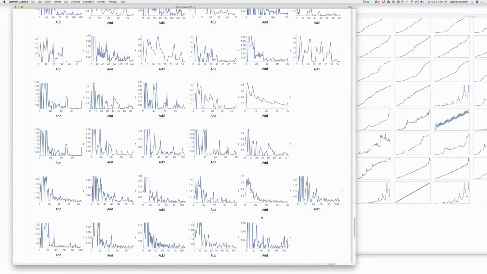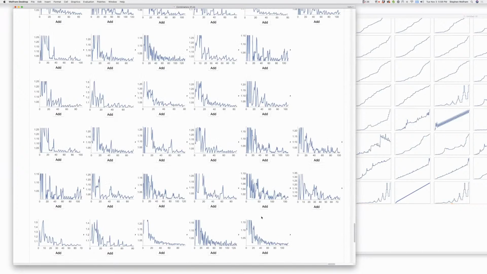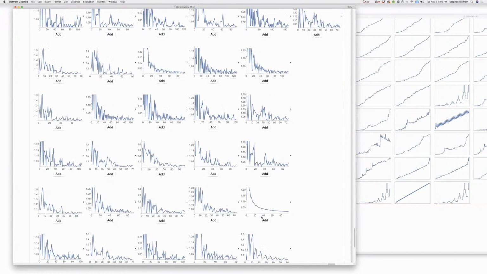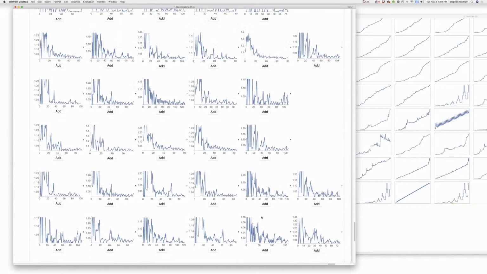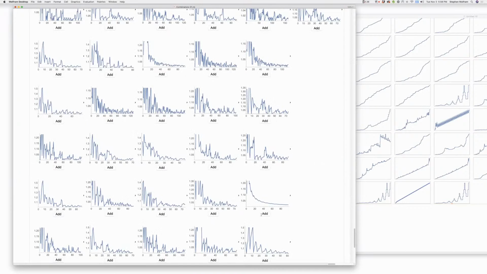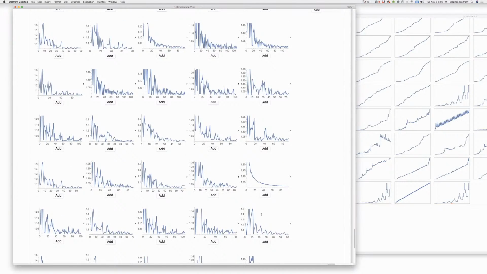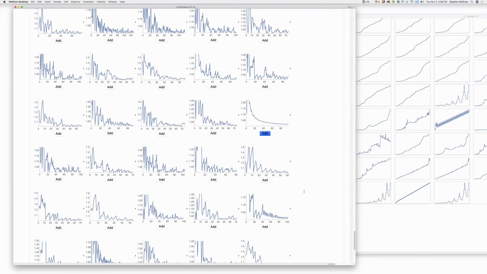Now, we could also look at the histogram. Well, actually, that was what I thought I was looking at there. Let's see. I'm very confused by these. That one is nice and regular, at least. Let's look at what that one is.